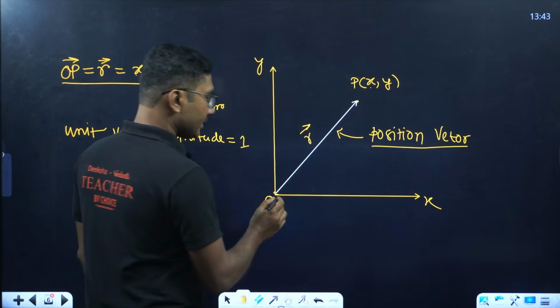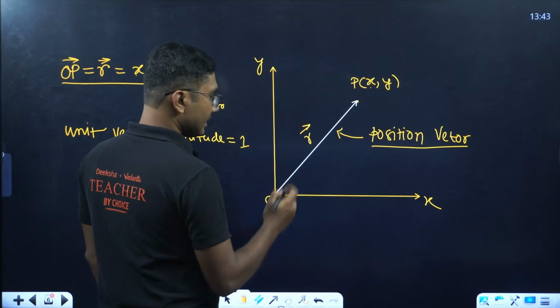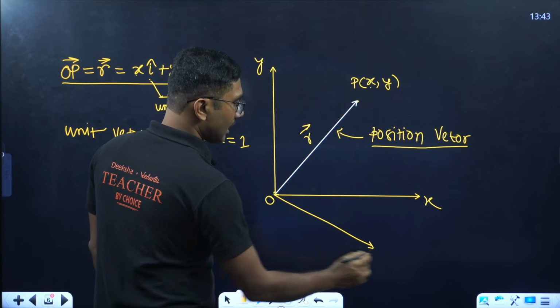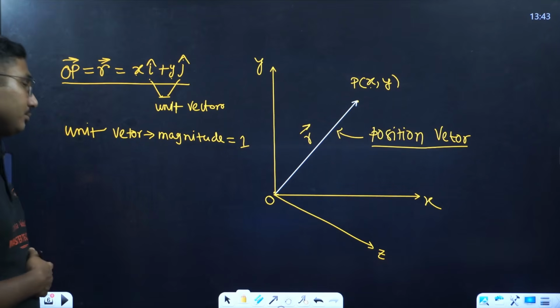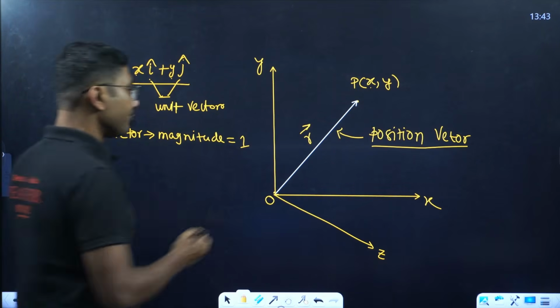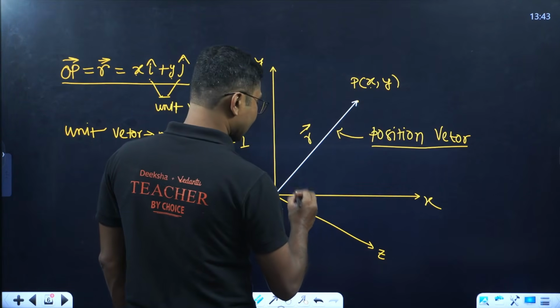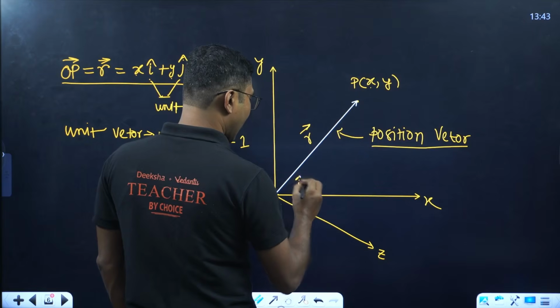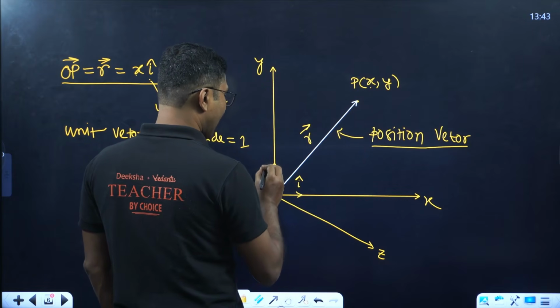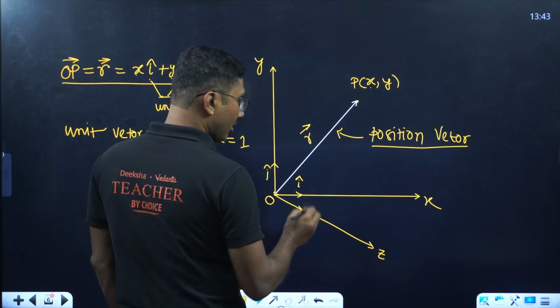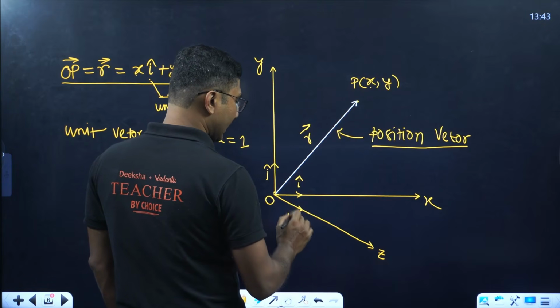Suppose x, y, z is here, so this is the z axis out of the page. What is the unit vector? Generally, the unit vector along x direction is denoted by i cap, the unit vector along y axis is denoted by j cap, and the unit vector along z axis is denoted by k cap.